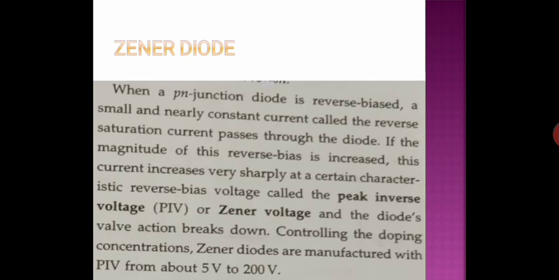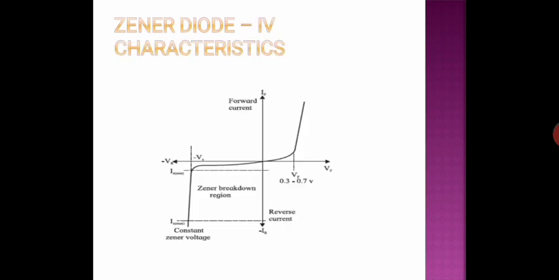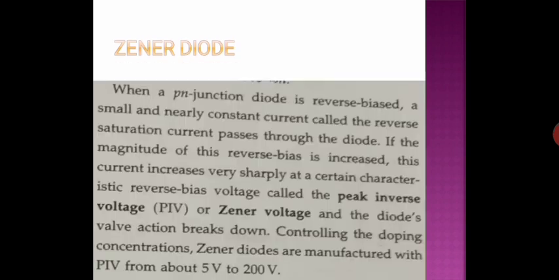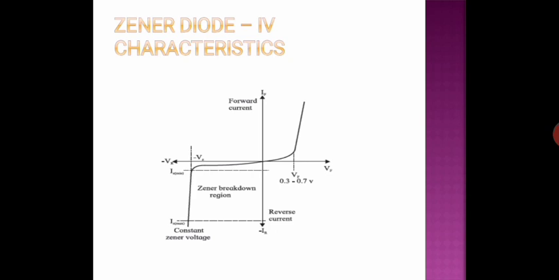This is the explanation of Zener breakdown. The important part is controlling the doping concentrations. Zener diodes are manufactured with the PIV ranging from about 5 volts to 200 volts.